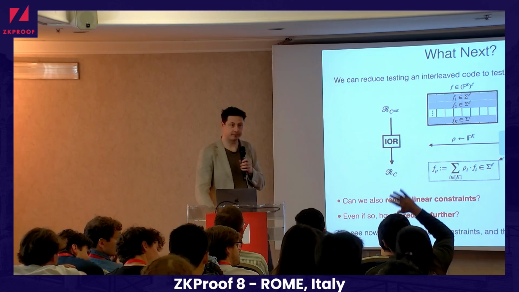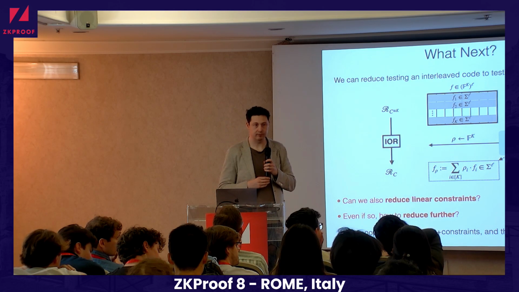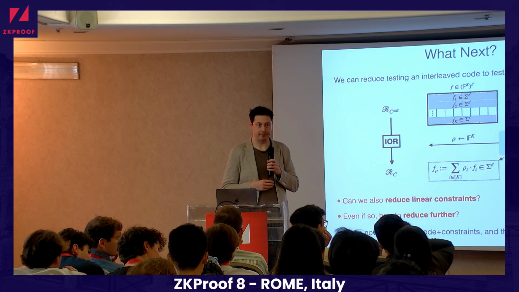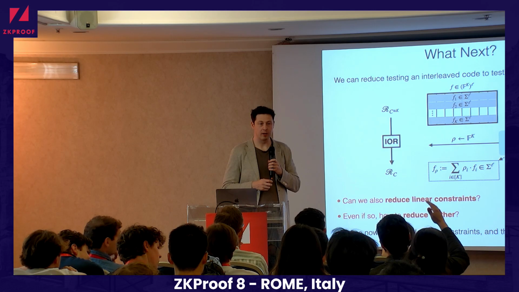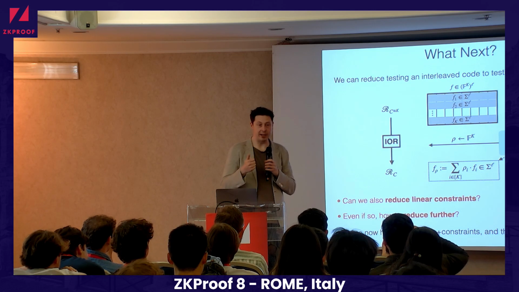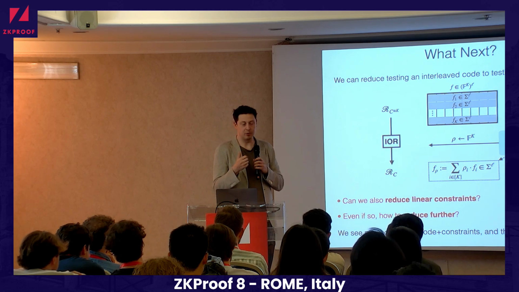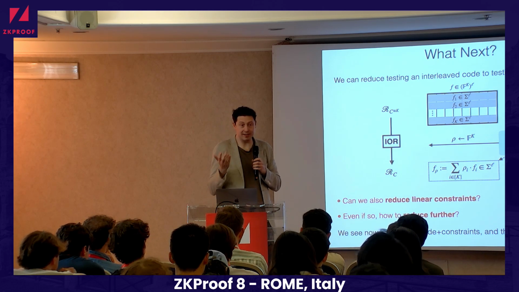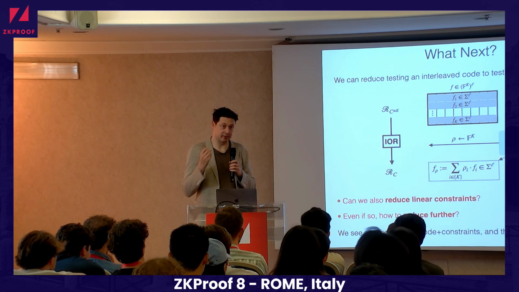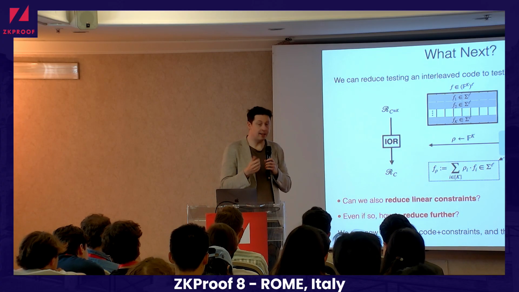Yes? For the first part of the talk, you said that we didn't need to assume anything about the code. For this part, you're assuming linearity. Yeah, so for this part, we'll use two orthogonal properties. Interleaving, we'll use it as a tool. Interleaving, by the way, makes sense also for nonlinear codes, right? And then linearity.